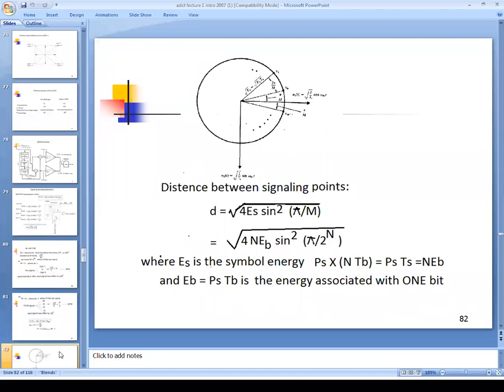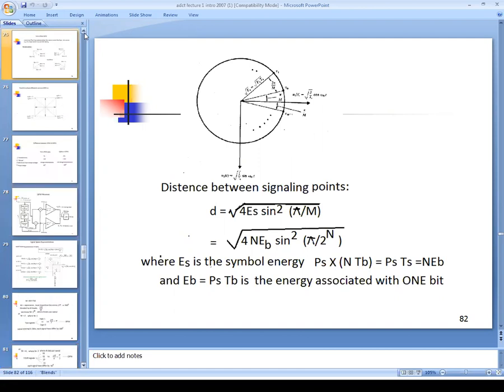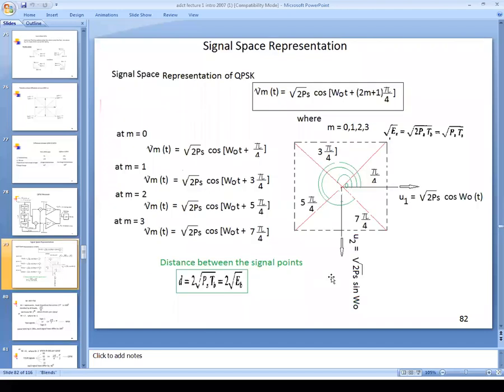So now let us assume M is equal to 8. How many signals are there? 8 signals. What is the signal difference? Let us calculate in that equation.